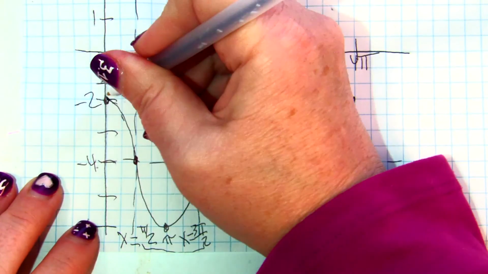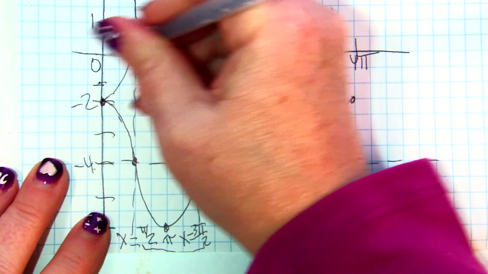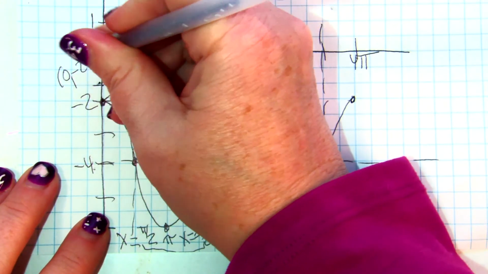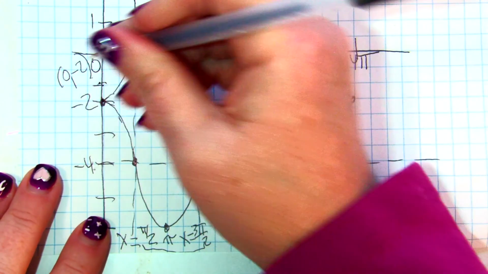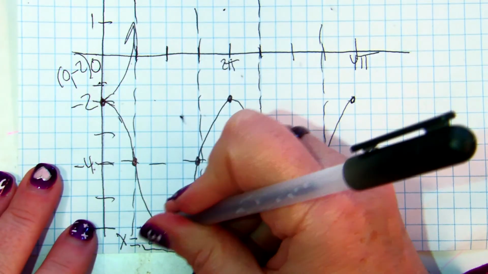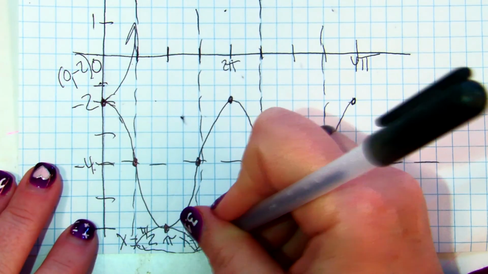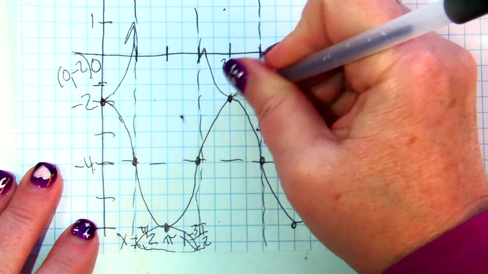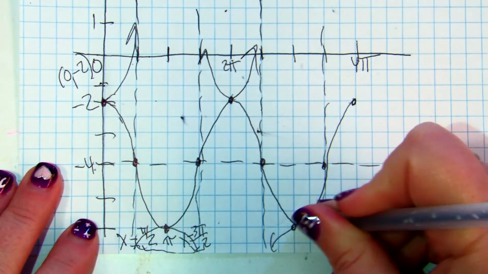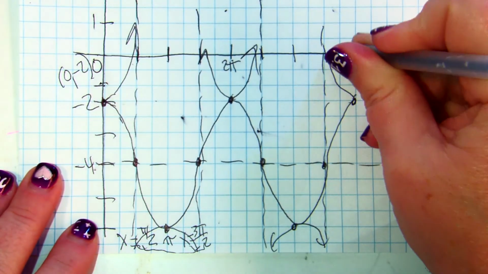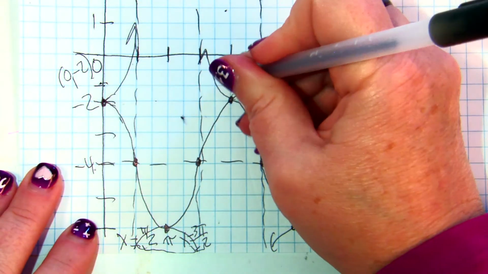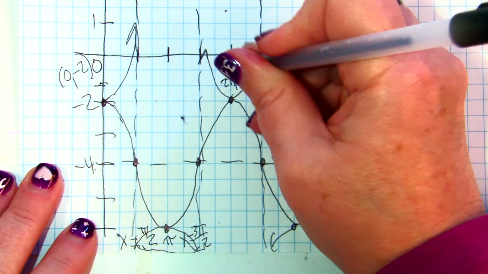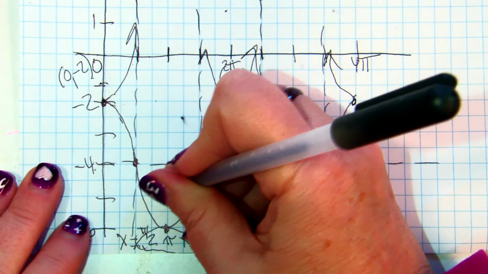So we draw our u's. 0, negative 2. This one's at 2 pi, negative 2. This one's at pi, negative 6.